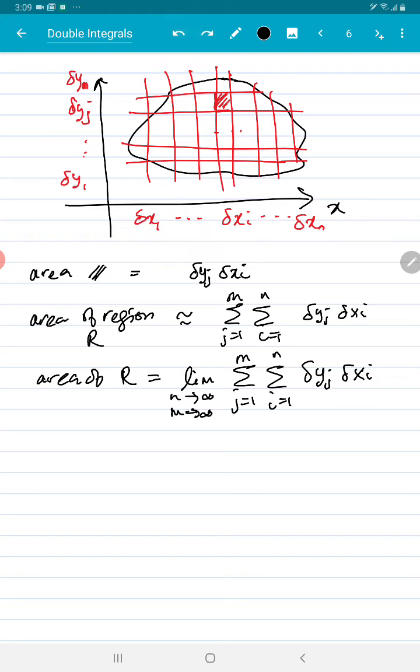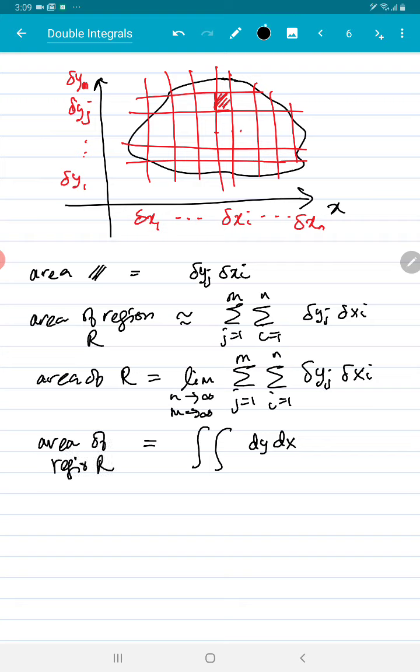Okay, and then according to Riemann sum, the limit and the summation will be replaced with integration. So here we have double integration, and delta yj will be replaced by dy, delta xi will be replaced by dx. So that would be the formula for area of region R.